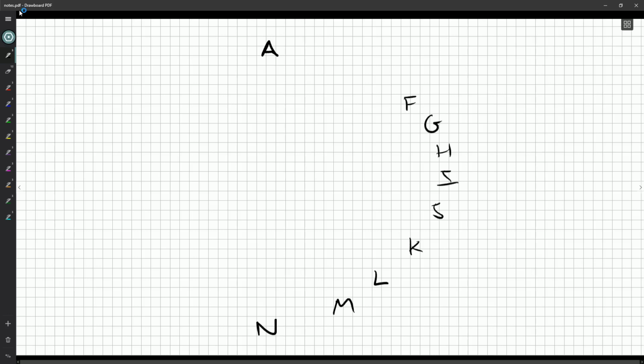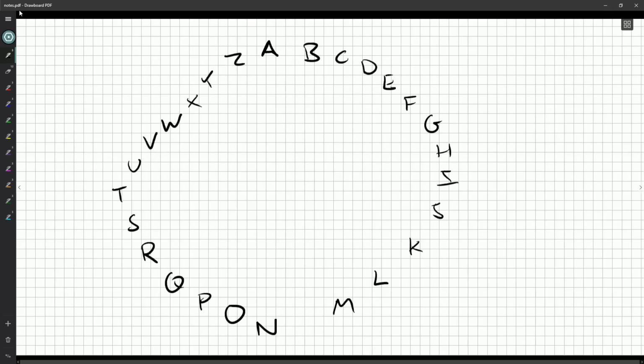G, F, E, D, C, B. Okay, that didn't go poorly. But you'll notice it's taking me a while to make this, and you probably don't want to, because it's going to eat up time. So I'll finish this up, and then we can talk about ways to do the question without it. V, W, X, Y, Z. So that's roughly a circle.